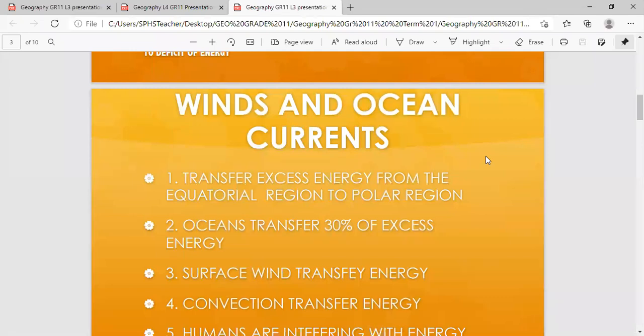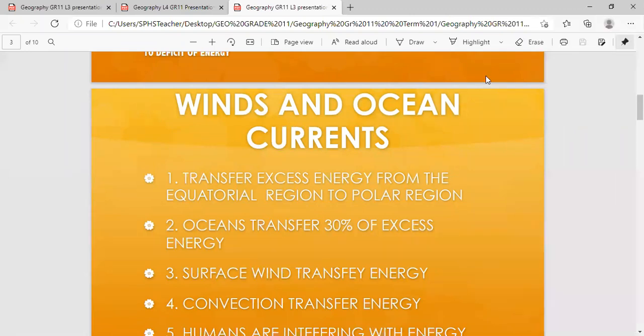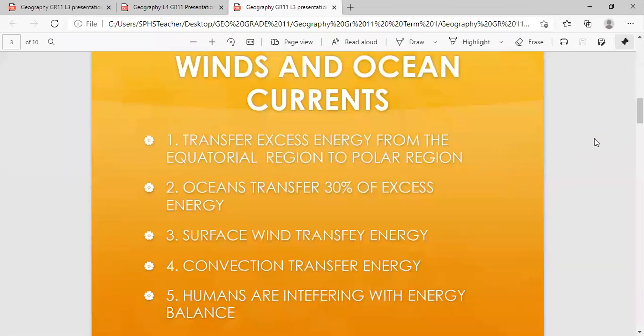And then winds as well are also part of this particular movement of energy. The wind, which is blown from the equator to the north and south poles, is also responsible for carrying and transferring heat across the world. Transfer excess energy from the equatorial region to the polar region.